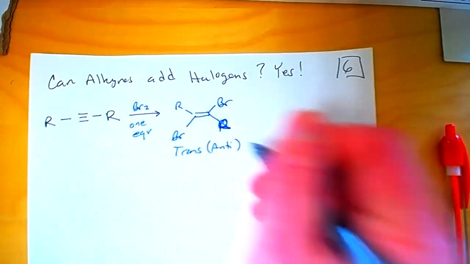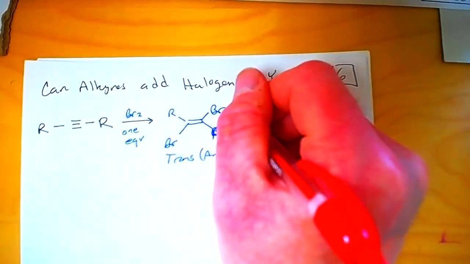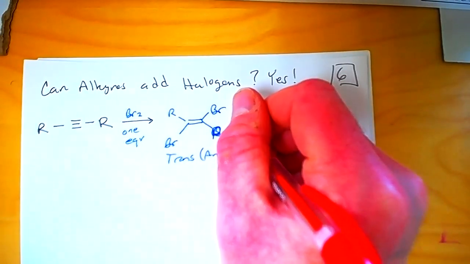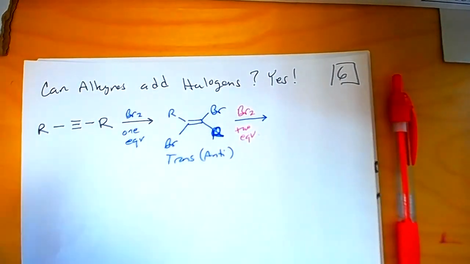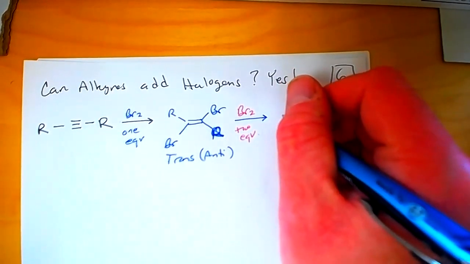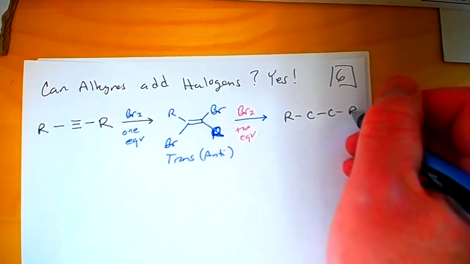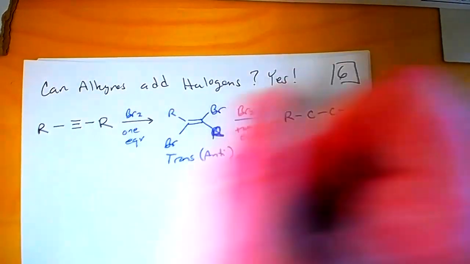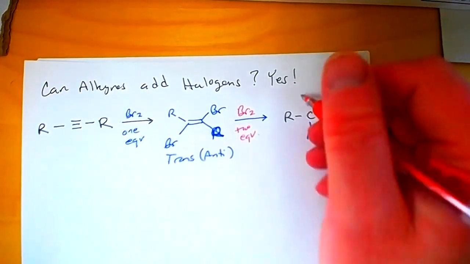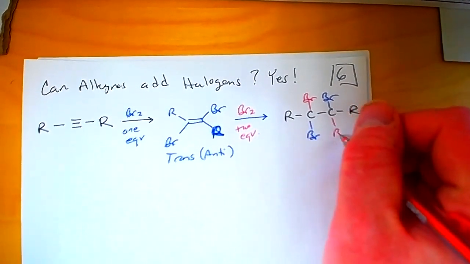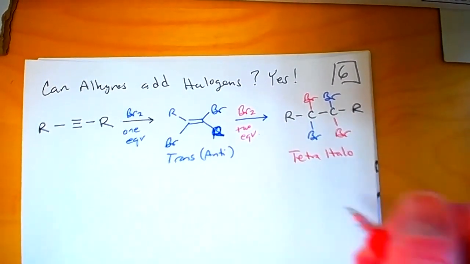again illustrating the anti-addition. And if we were to do this a second time, so 2 equivalents, second equivalent, you would end up with the tetrabromo compound, or tetrahalo, as it is known.